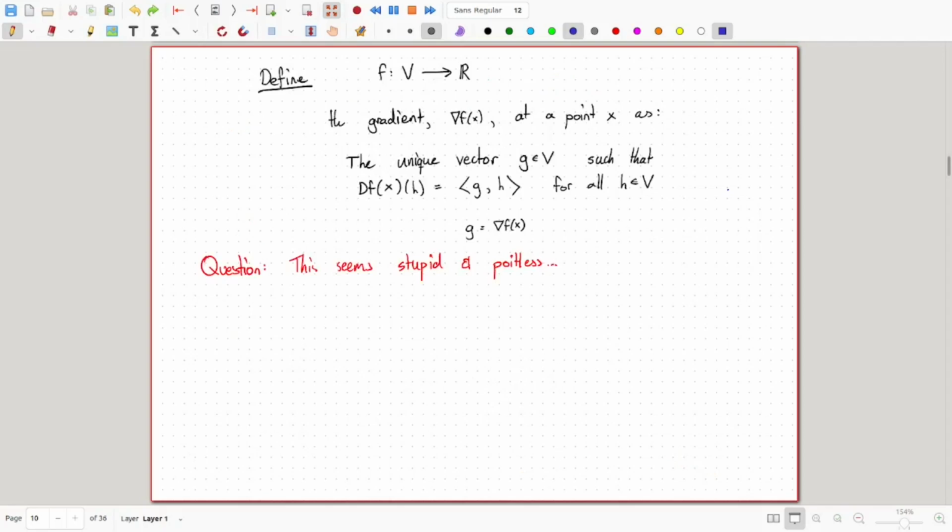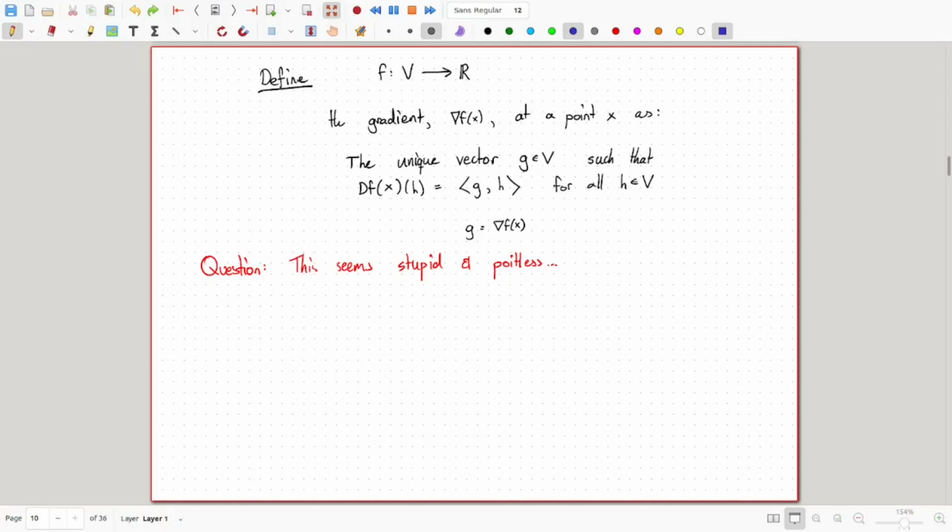So one resolution to this is we can redefine what the gradient is in terms of our derivative. The gradient, nabla(f) at x, is defined to be, this is the new definition, the unique vector g in our vector space V. Oh, I should mention here, we've now just picked an arbitrary vector space V. We're not using Rn, but for the time being, you can just consider this Rn.